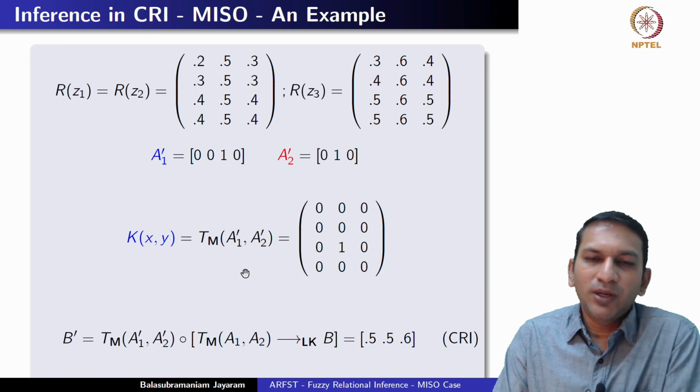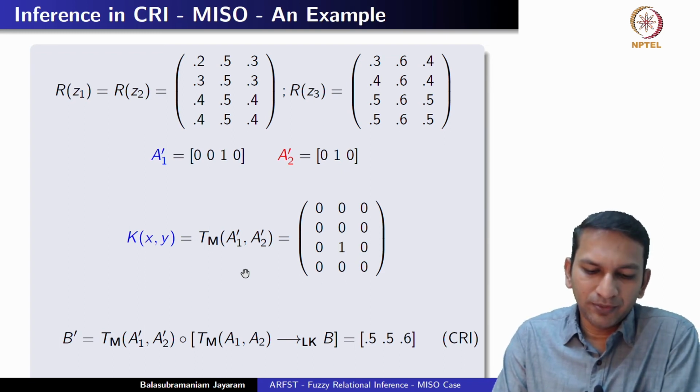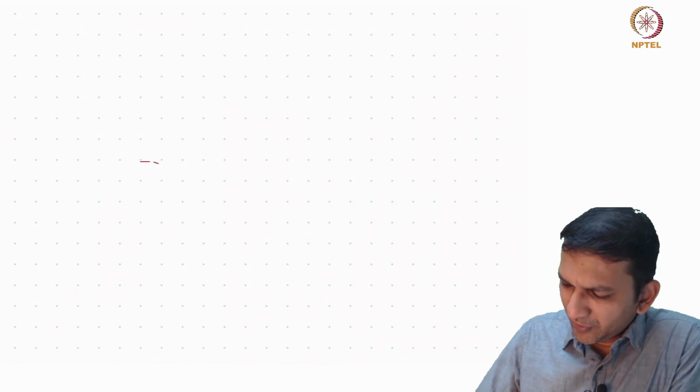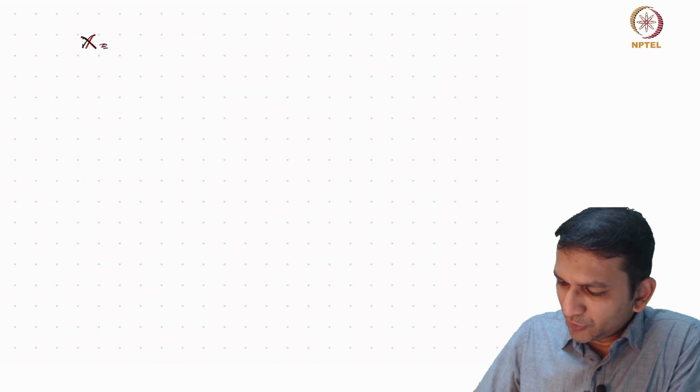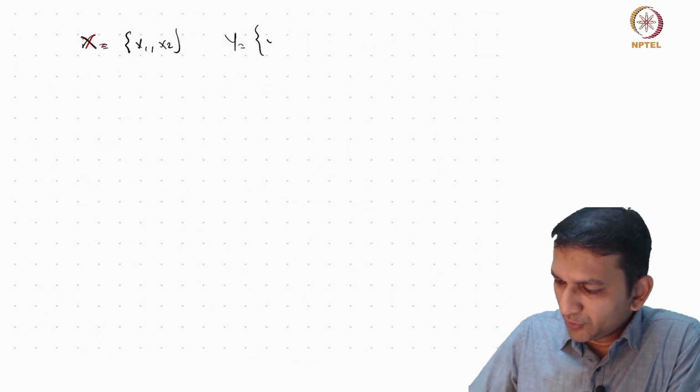Let us look at one other example only from the calculation point of view. Let us look at another example. For this example, let's take x to be just x1, x2, y again to be y1, y2.